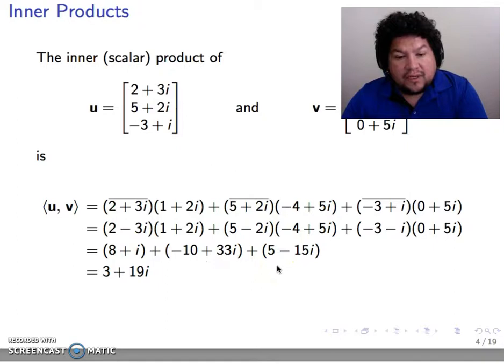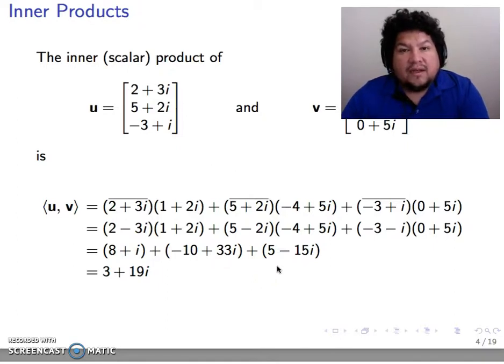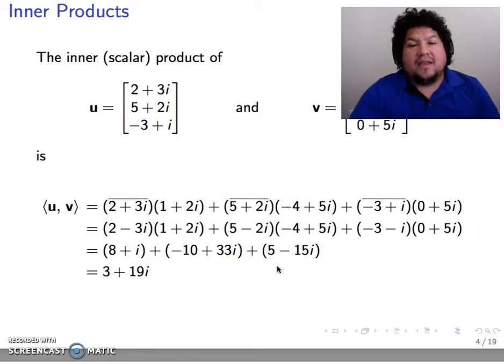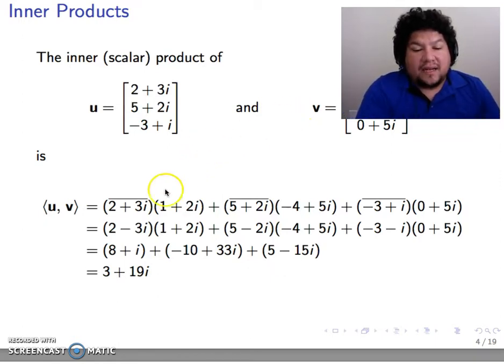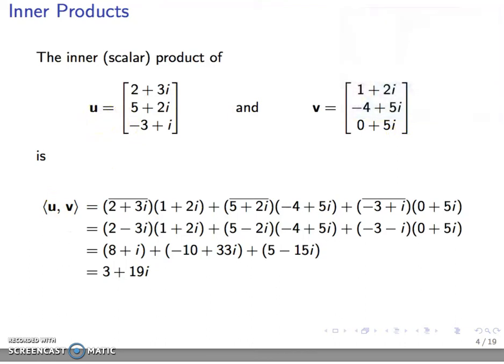Once we carry on with these multiplications, then we move on to add similar terms. So we are adding all real parts, all real parts are added up, and all imaginary parts are added up. And so this inner product between this vector u and this vector v becomes 3 plus 19i.